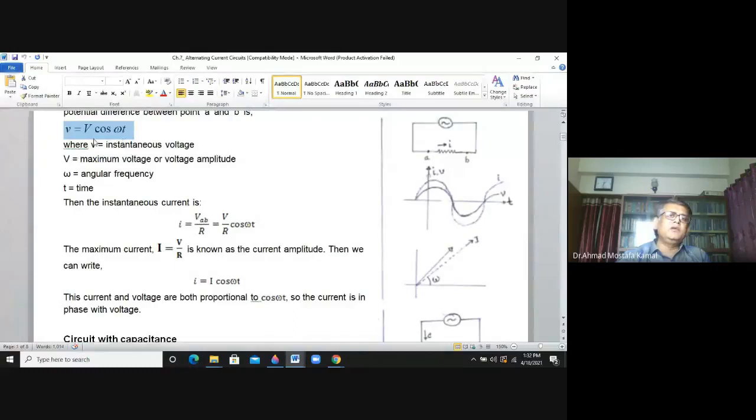So we know what it is, but it is written here. Small v is instantaneous voltage at any moment. And then capital V is the maximum voltage or voltage amplitude. Omega is angular frequency and t is the time.